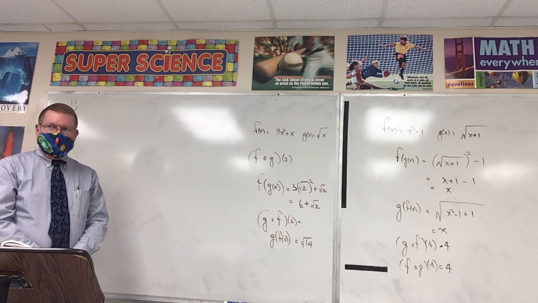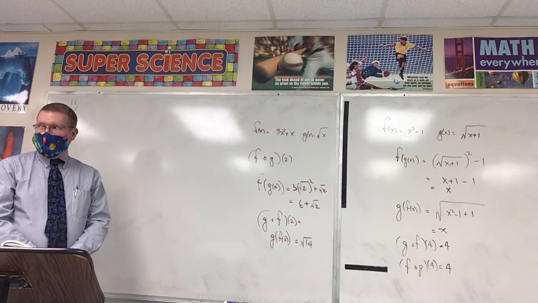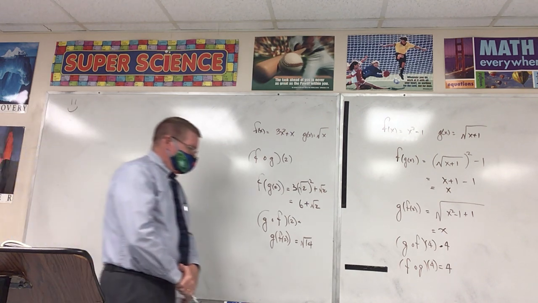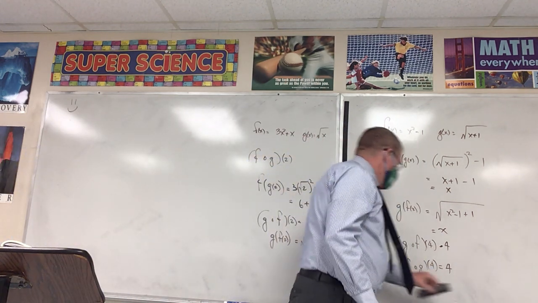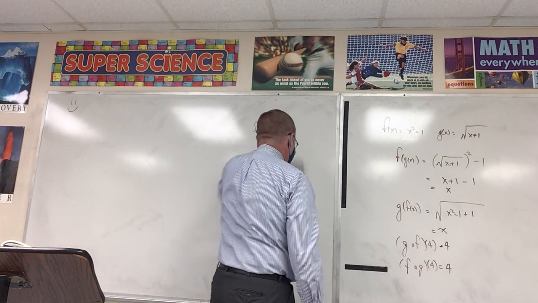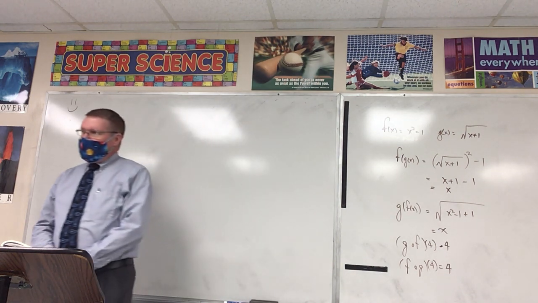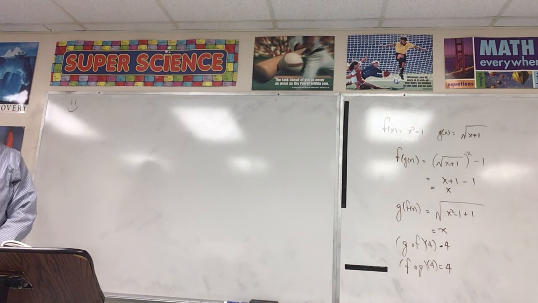So f circle g, g circle f, f of g of x, g of f of x. So far so good? Do they always equal the same thing?